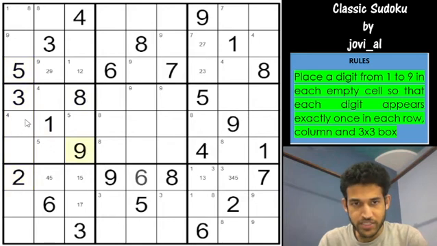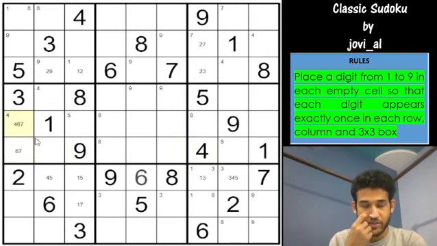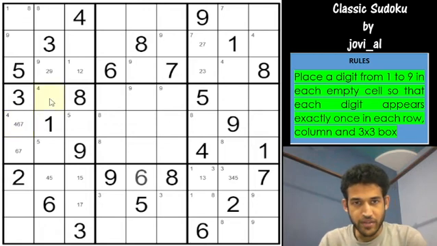So we need 4, 6 and 7 into these cells. And of course you can't have a 4 there. So that's a 6 and 7, and that becomes a 4, 6 and 7. And this cell cannot be 1, 3, 8, 9 and 5 or a 6. So this can only be a 2, 4 or a 7, right?